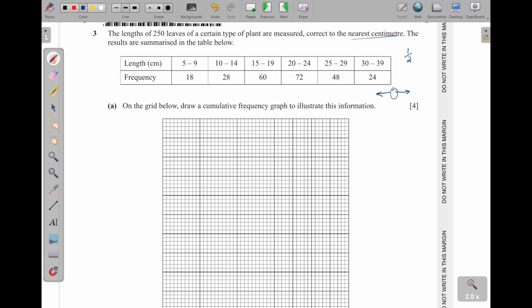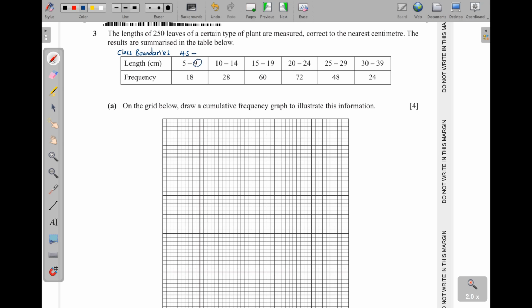Remember, if they want us to do the cumulative frequency, we plot cumulative frequency against the class boundaries. So we need to find the class boundaries. Let me add it here, class boundaries. In my class boundaries, for the lower, you subtract 0.5. This one will give us 4.5.